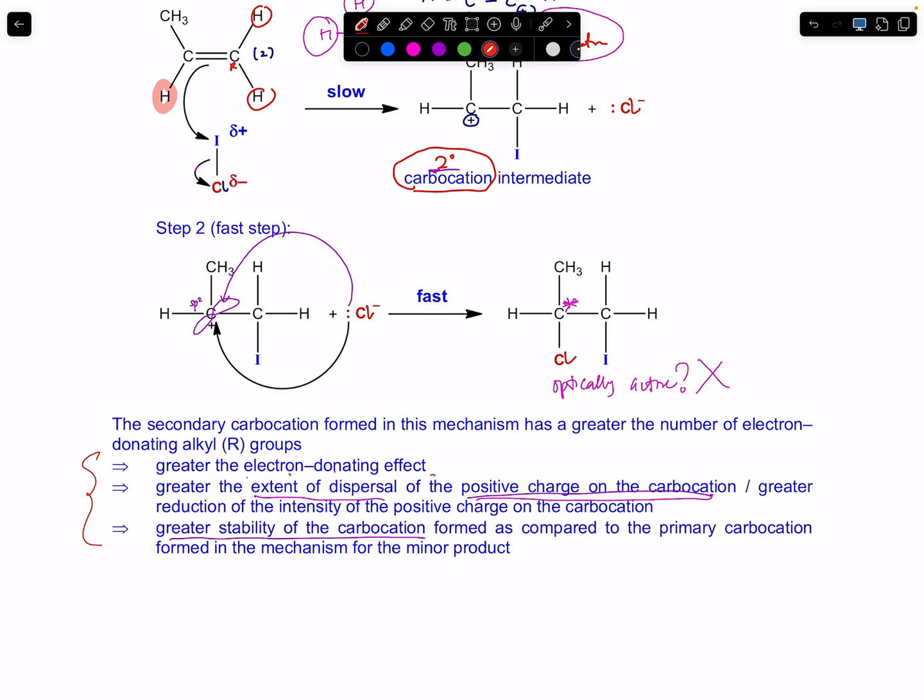And when your carbocation is more stable, the population size of the carbocation will be a lot more, and because it's a lot more, that translates to a higher yield. So carbon with less hydrogen would be a major product. Less hydrogen attached to the carbocation.